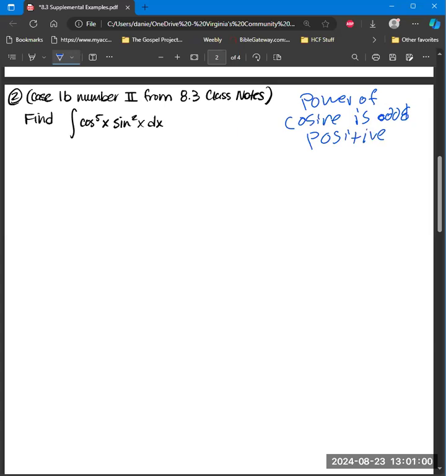I'm going to keep a cosine off to the side here, so cosine x dx. And then I have a cosine to the fourth x sine squared x. Cosine to the fourth, we're going to make that cosine squared, squared.